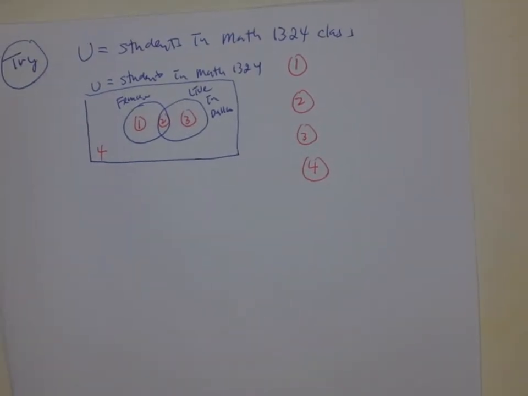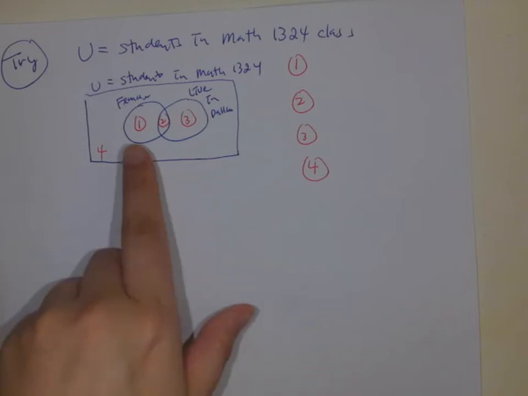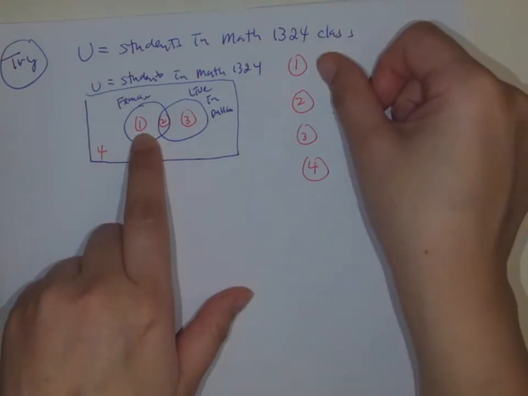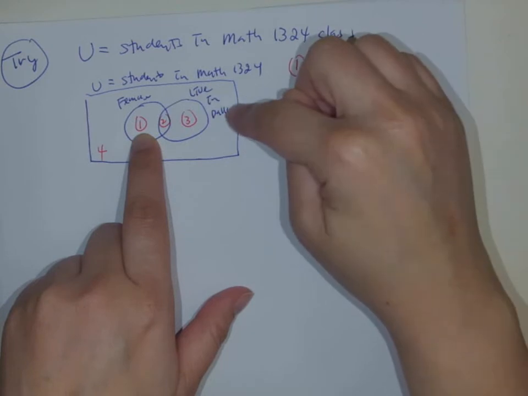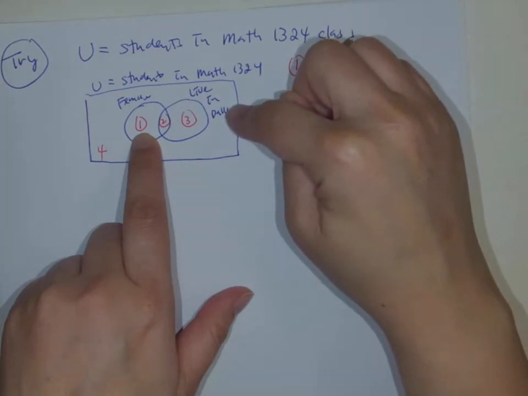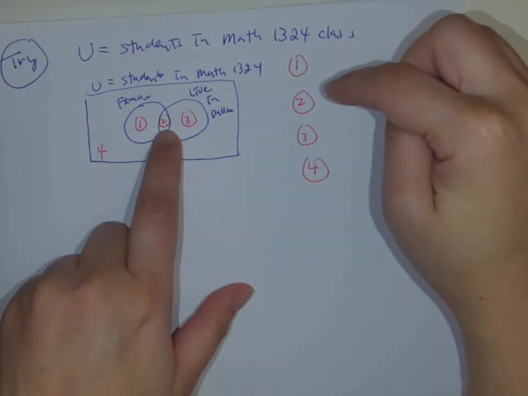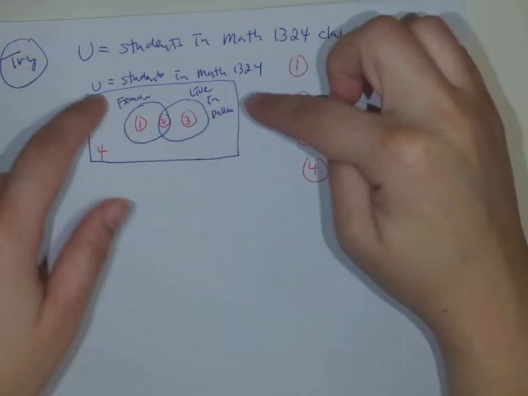So once you're ready, we can say that 1 is going to be what? They're female students, but not living in Dallas, right? And then how about 2? 2 will be the two overlapping, right?